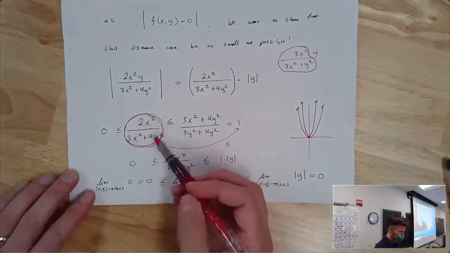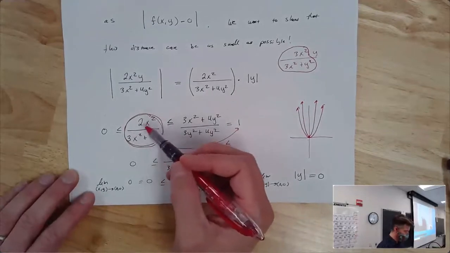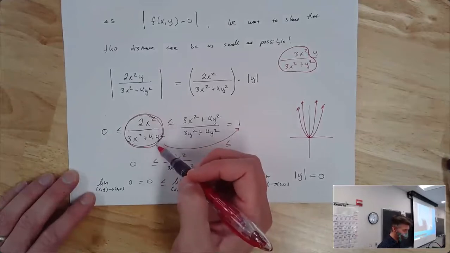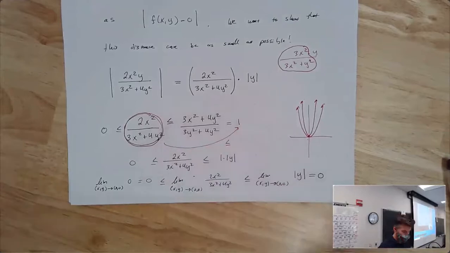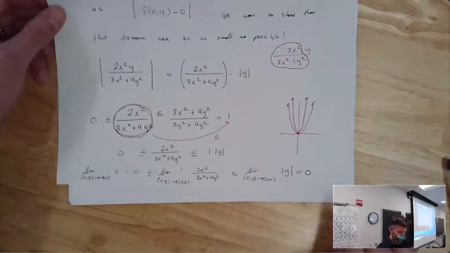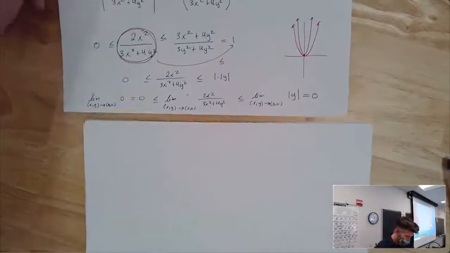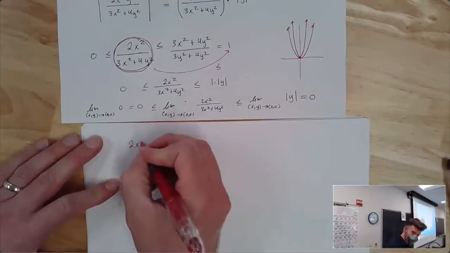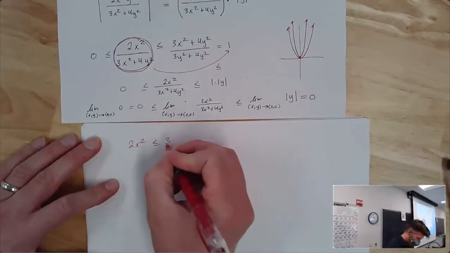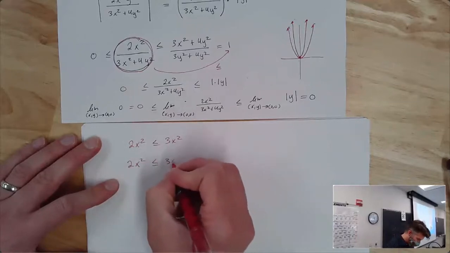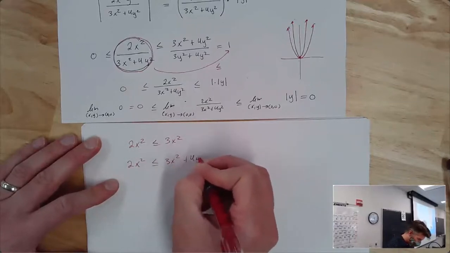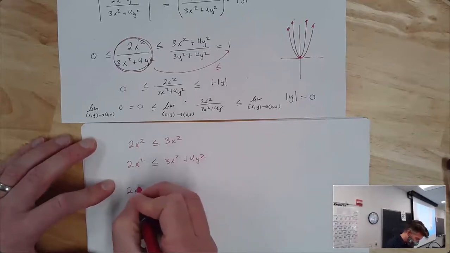I know that 2x squared is always going to be less than or equal to 3x squared plus 4y squared, which means this fraction is always less than or equal to 1. I was trying to show it in what I hoped was a thoughtful way, where I started with this, and then I added 4y squared to the right side. And then I divided both sides by that.